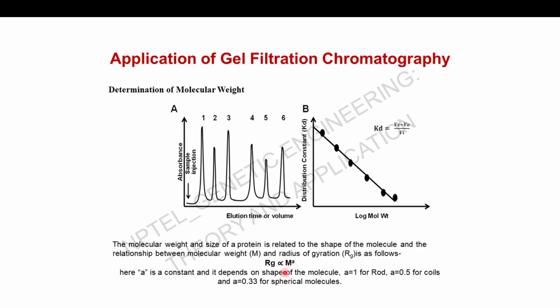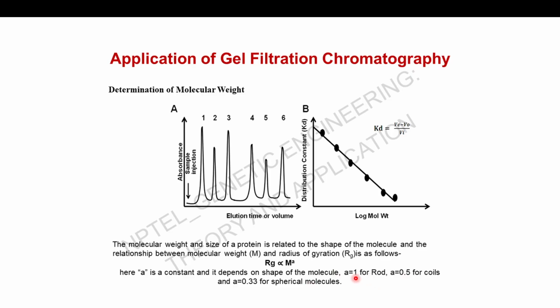There is a relationship between the molecular weight and the radius of gyration, where the radius of gyration is directly proportional to the molecular weight raised to the power of a constant. And this particular constant depends on the shape of the molecule. Okay, and the constant varies for rod shaped molecules, for spherical molecules, for coil molecules, etc.